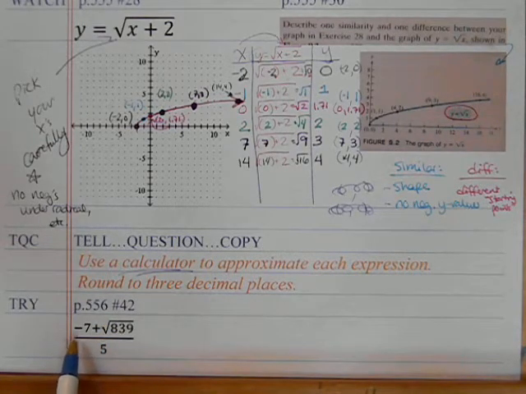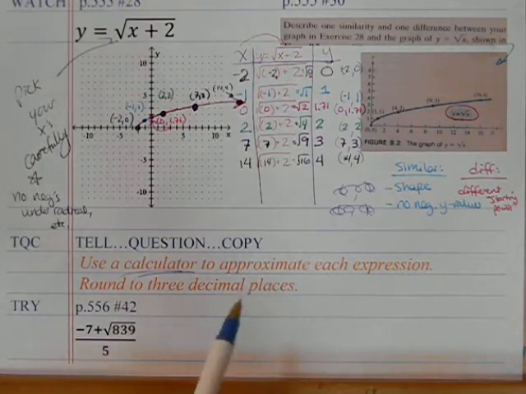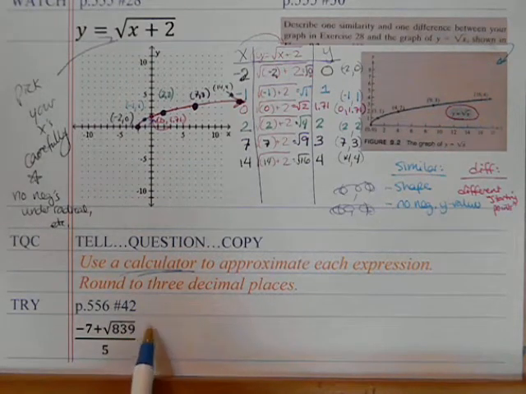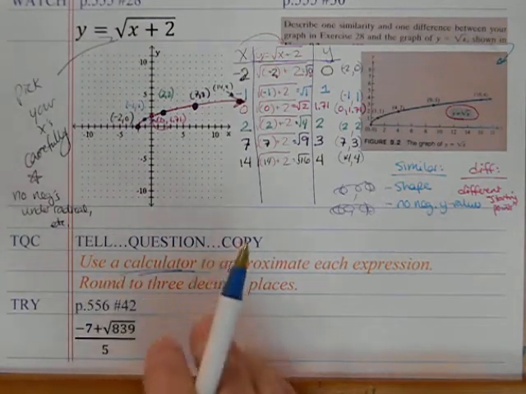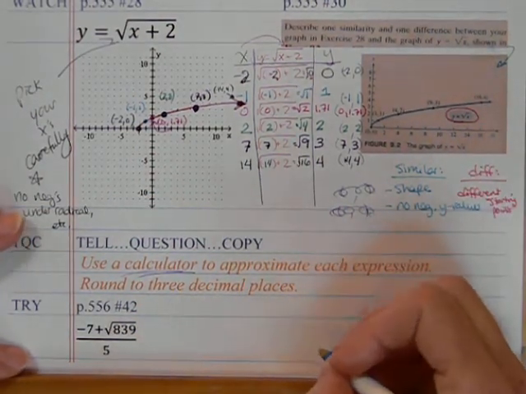And you'll need to experiment with how your calculator understands things. Try typing in -7 plus radical 839 divided by 5, or do you need to get parentheses around it? So it's a good experiment to know how you can communicate to your calculator to get the right answer. Pause, and when you come back to the video, we'll reveal the answer.